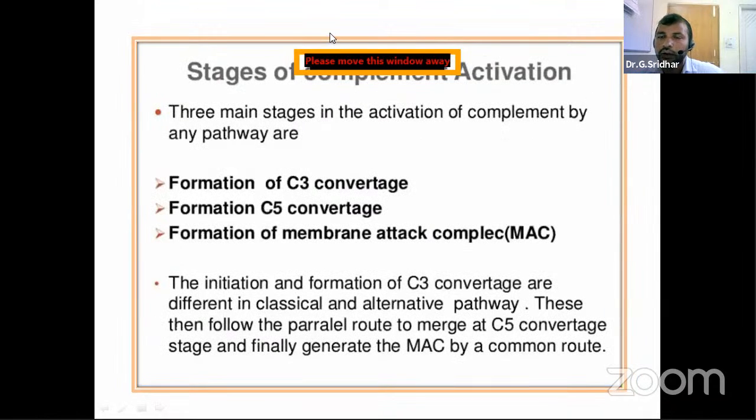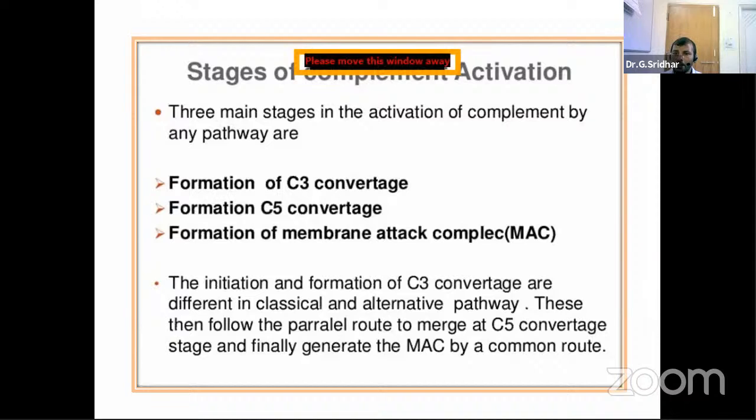Then the stages of complement activation. How does complement activation happen? The main goal of the complement system is the formation of C3 convertase. What is the meaning of C3 convertase? C2A4B is called the C3 convertase.